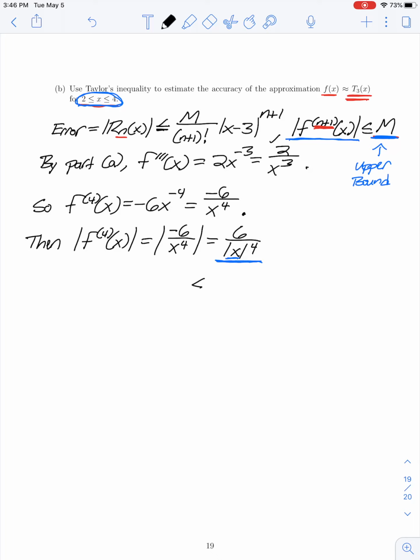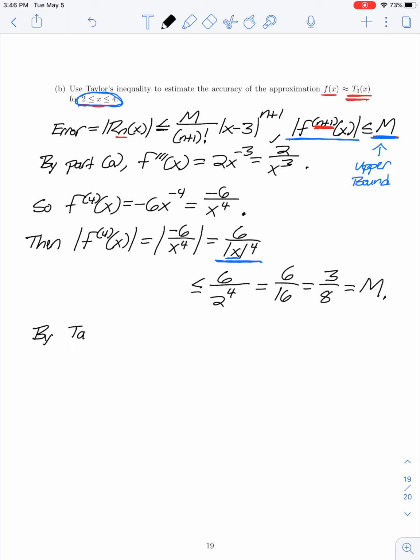So the upper bound for this expression would be 6 over 2 to the fourth power, which is 6 over 16, or 3 over 8. So this is our value for M that we're going to use in Taylor's inequality.